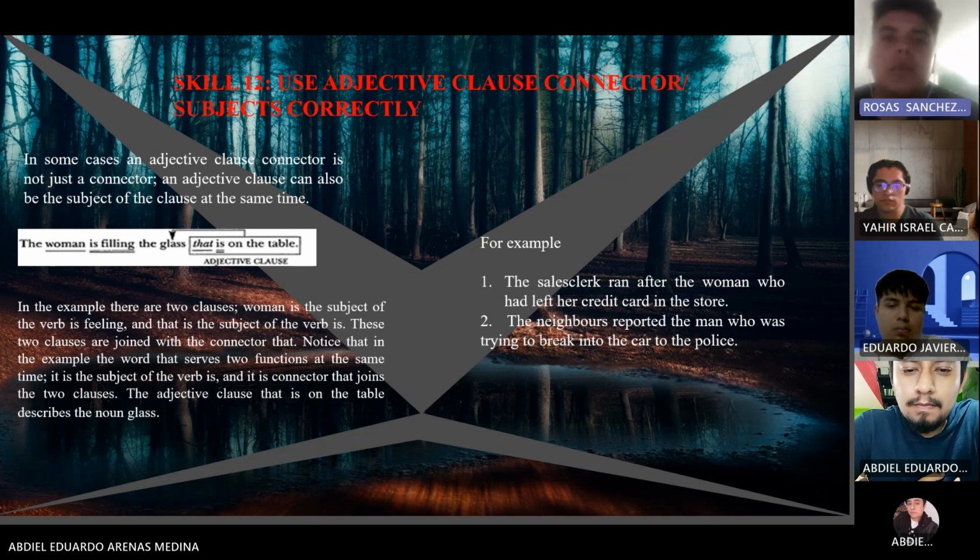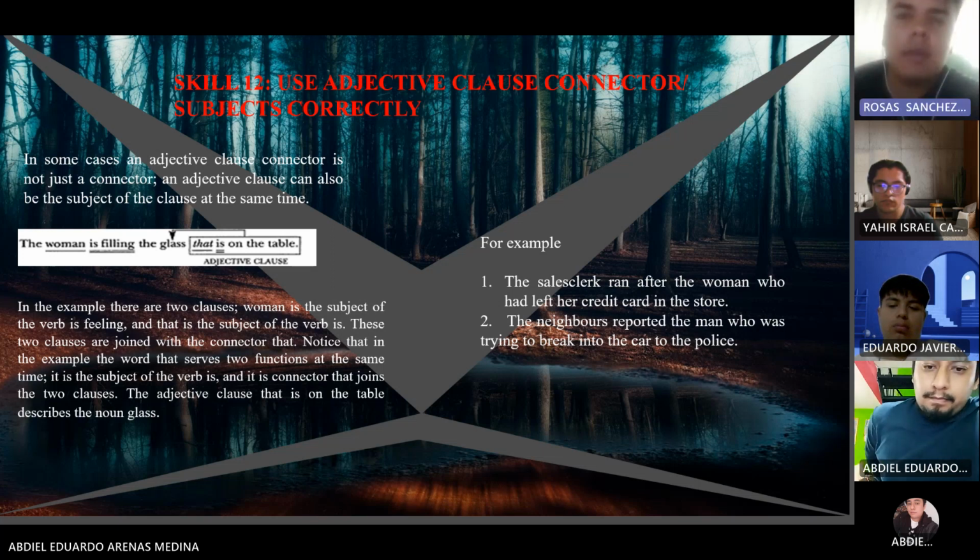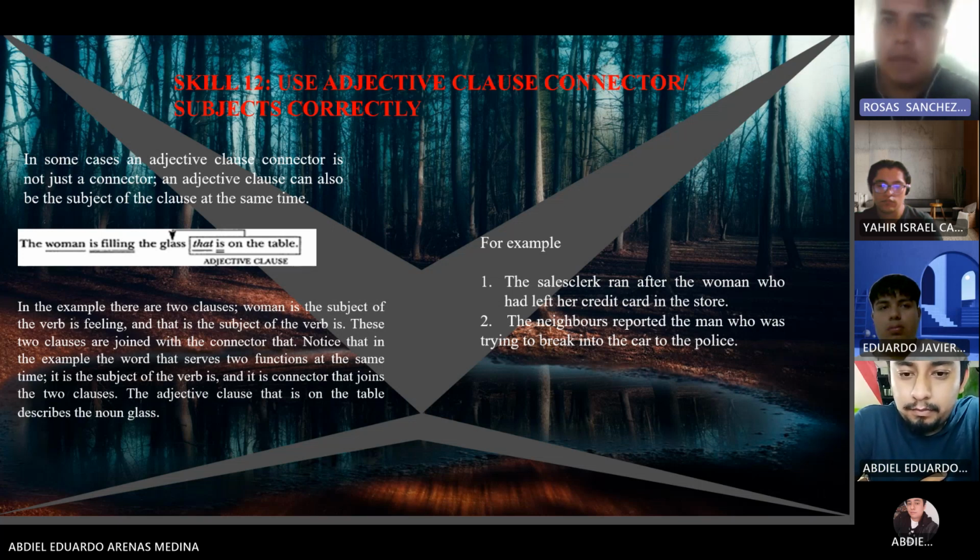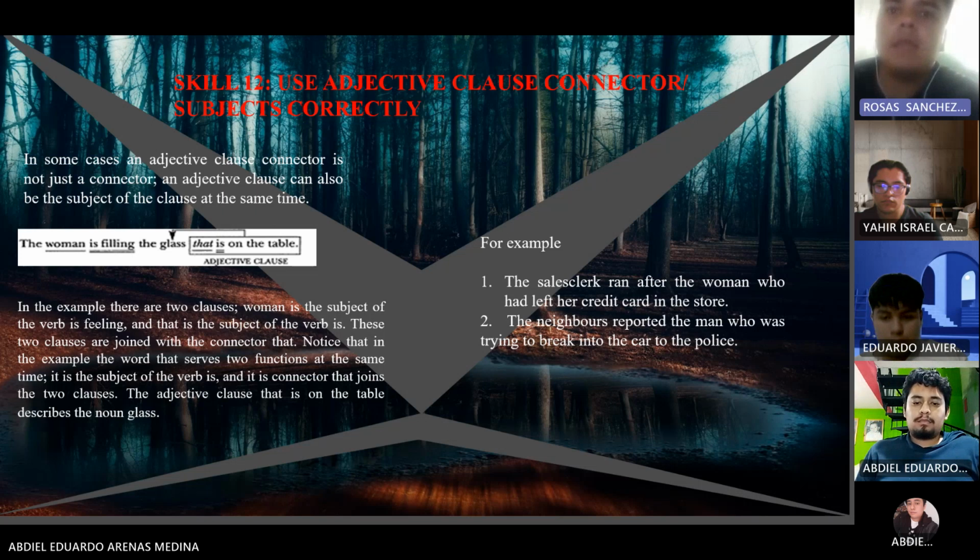The two clauses are joined with the connector that. Notice that in the example the word that functions at the same time as the subject of the verb is and as a connector that joins the two clauses. The adjective clause that is on the table describes the glass.